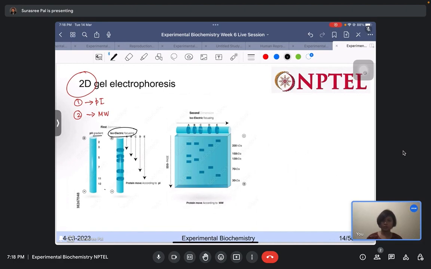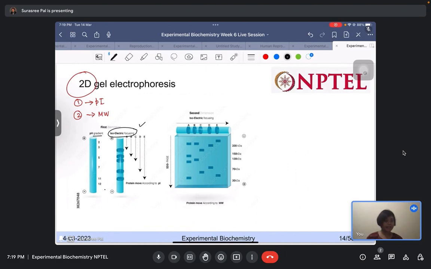So that is how all the proteins will be separated according to their PI. If protein A has a PI of 3, it will form a band near pH 3, and if a protein has PI 12, it will form a band near pH 12. So that is how the first dimension is achieved, by isoelectric focusing. The proteins are moving according to their PI.